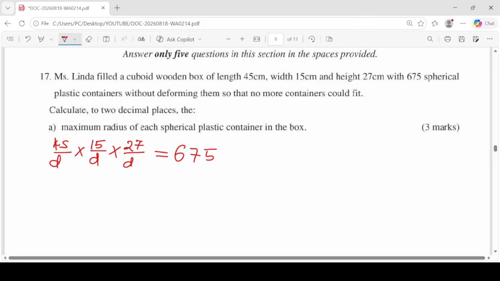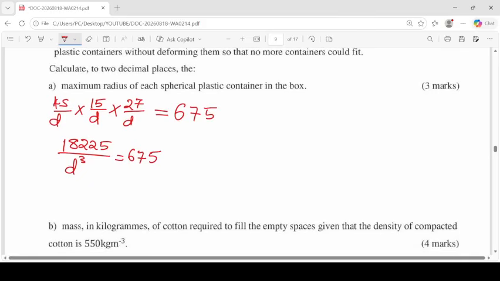So when you execute this, this will be 18,225 all over D cubed, which should be equal to 675. So this means that D cubed will be equal to 18,225 over 675. So our D cubed, dear learners, is going to give you 27.